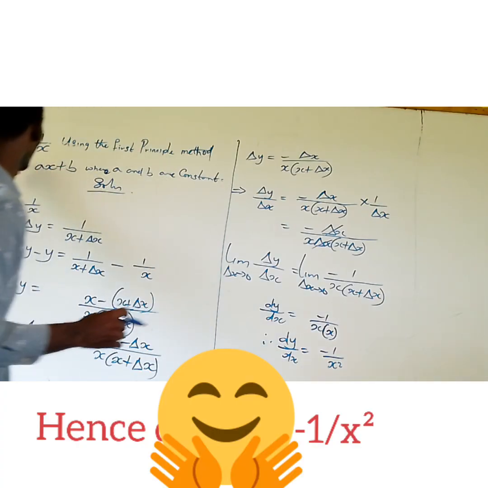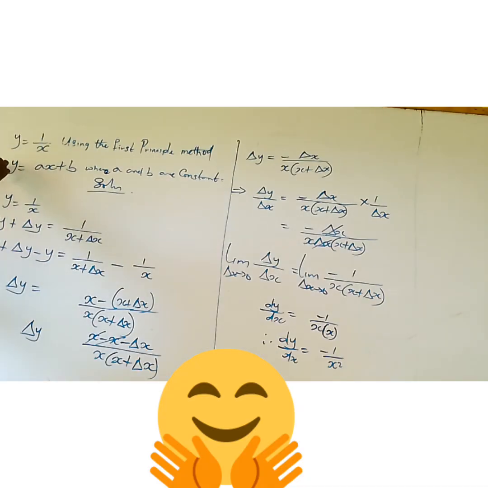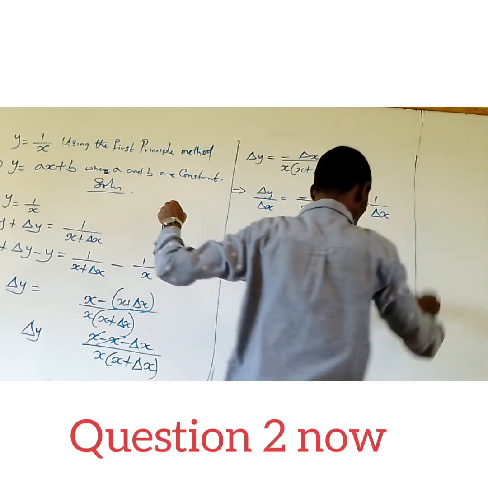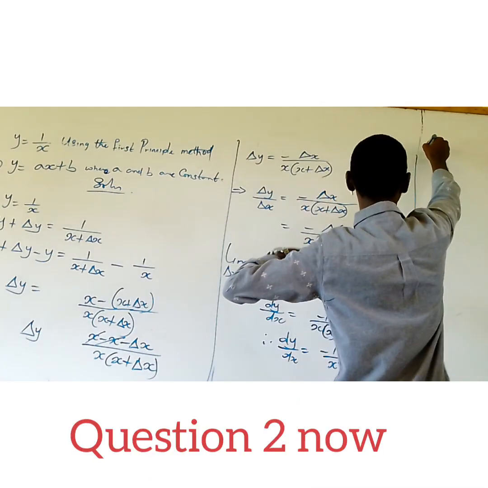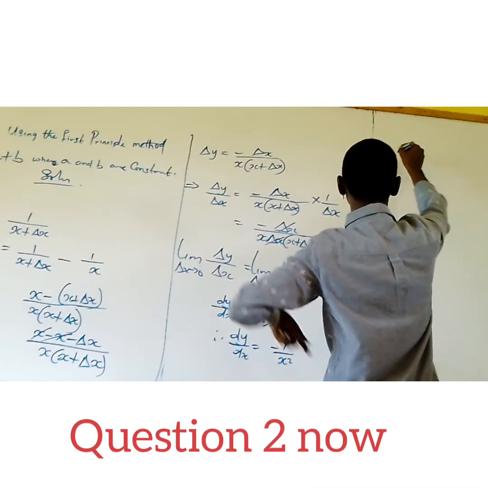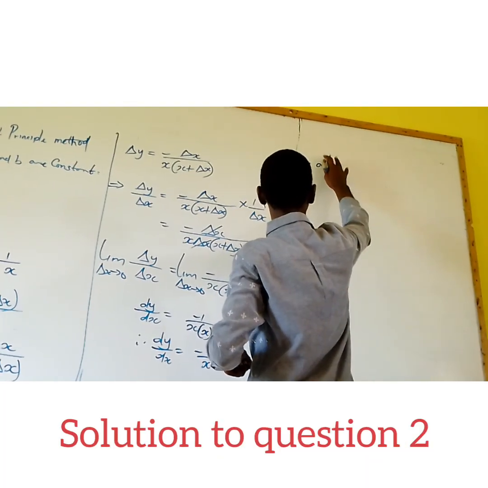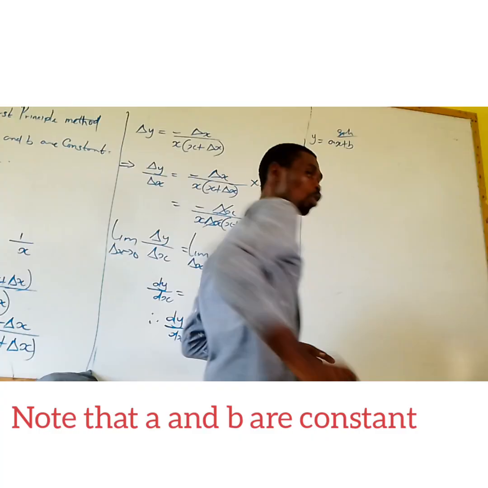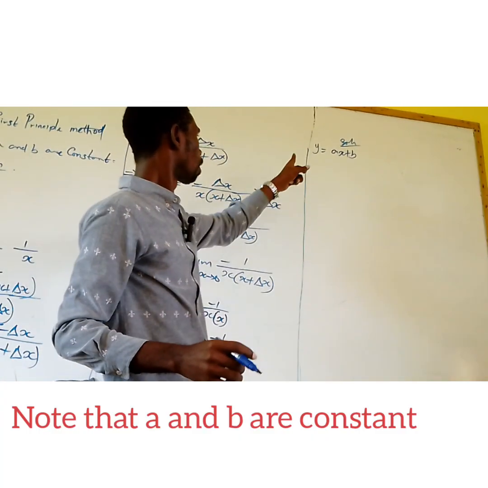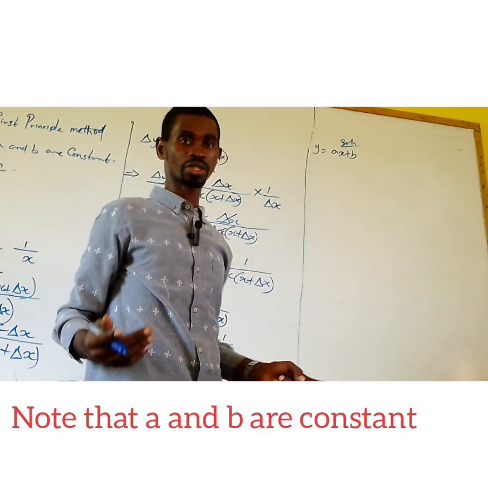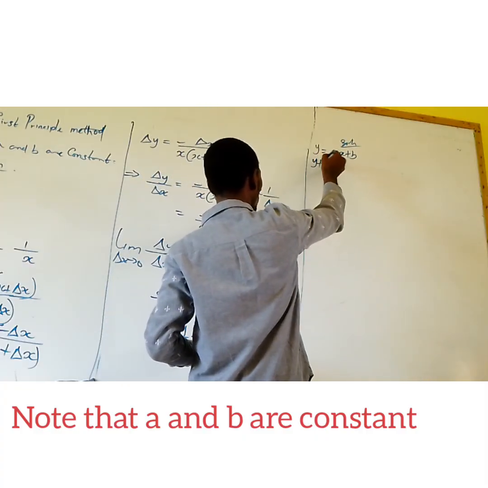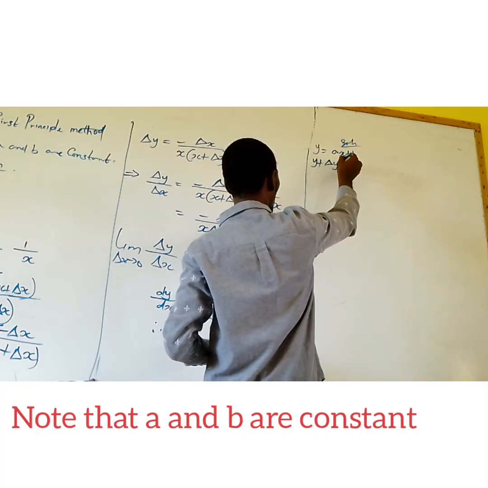Now, the next thing, for number 2, they said we should use this. So I'm going to do that here. We have y equals ax plus b. Take note that a and b are constants. This is now y plus change in y.